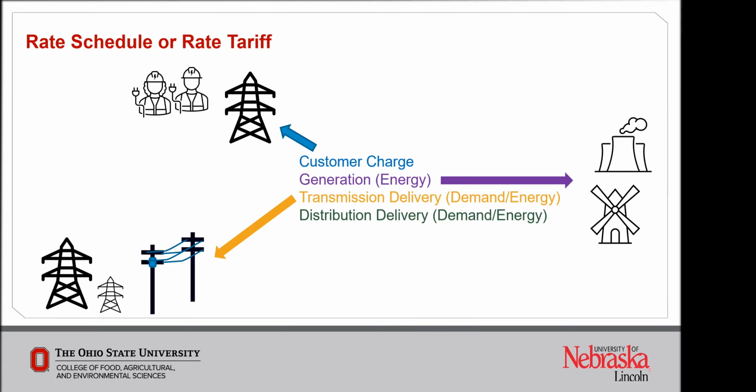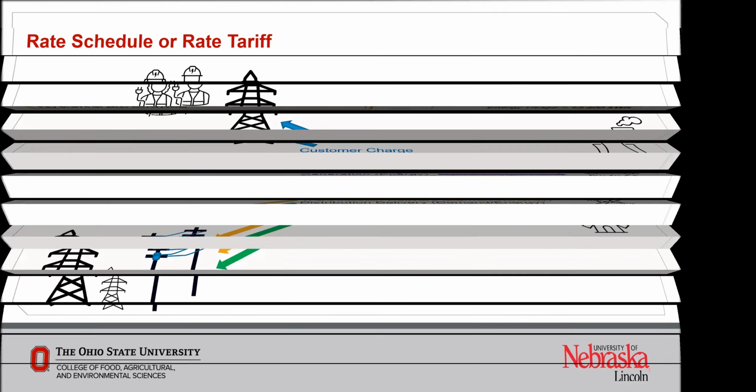That's the actual kilowatt hours, and then the transmission and distribution are there to pay for the infrastructure. And so you can kind of realize that all of these can be tied into that electric bill somewhere because they need to be paid for, but how those are organized is going to be quite variable.